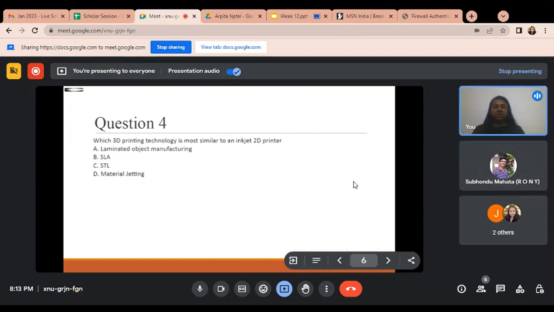SLA. Actually, these are 3D printing processes. There are 5 types of 3D printing process. So which is similar to a 2D printer? SLA will be.